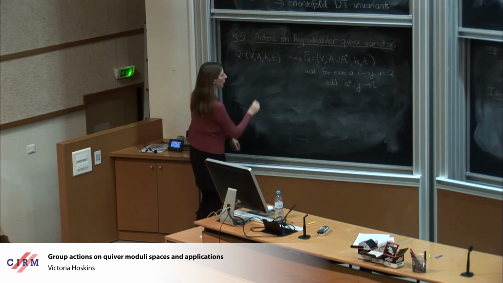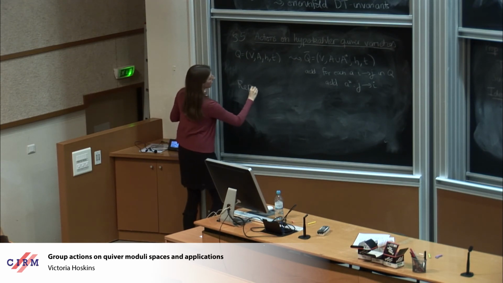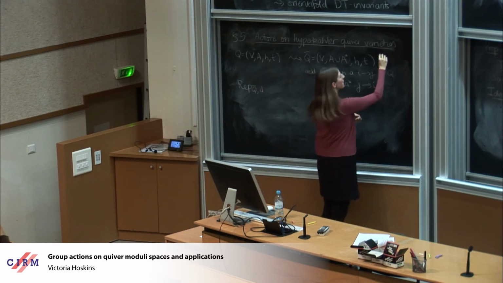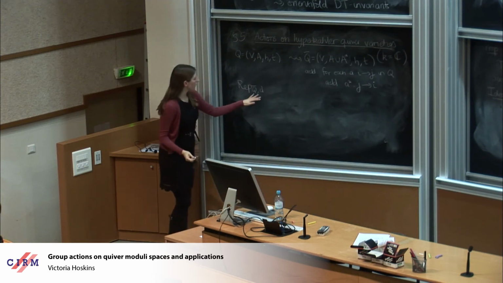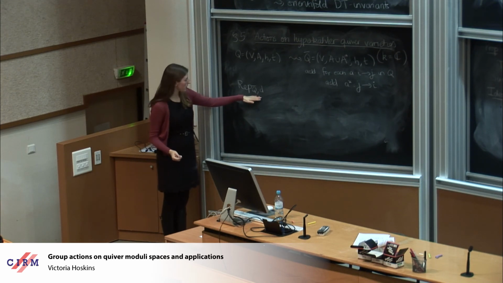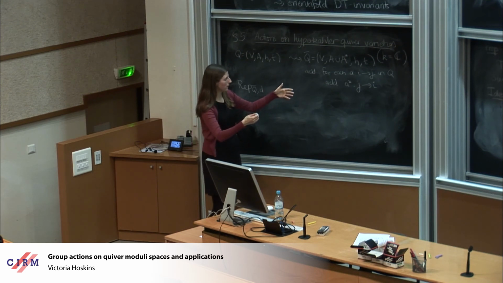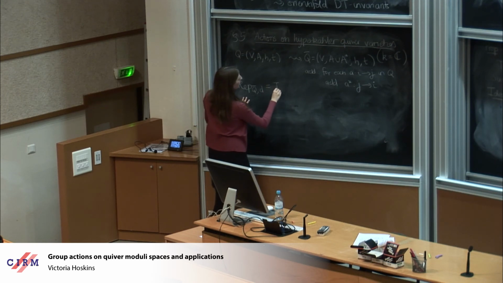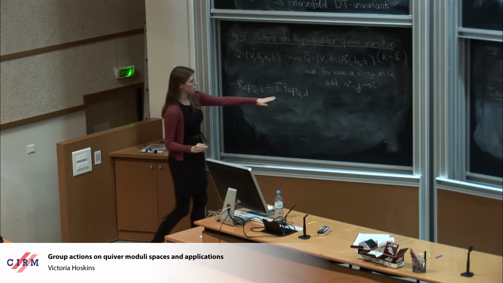So then, if we look now at the space rep Q bar d, oh, and I should have said, now my field is the complex numbers. If we look at this affine space now, then what we've done is we had a bunch of matrices, and we've added in linear maps going in the opposite direction. So this we can just think of as being the cotangent space to rep Q d, so the undoubled quiver.